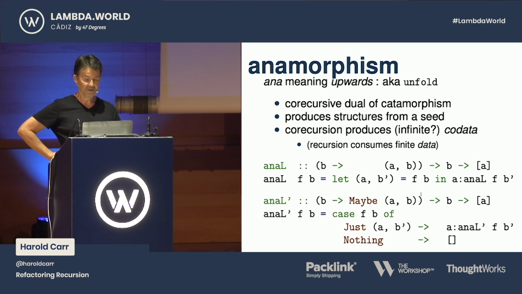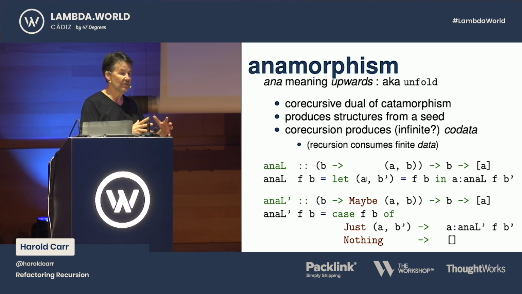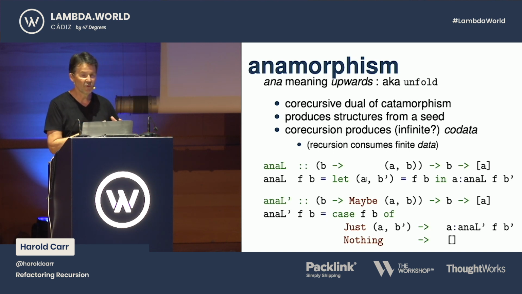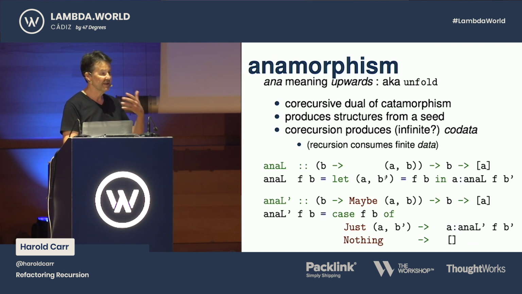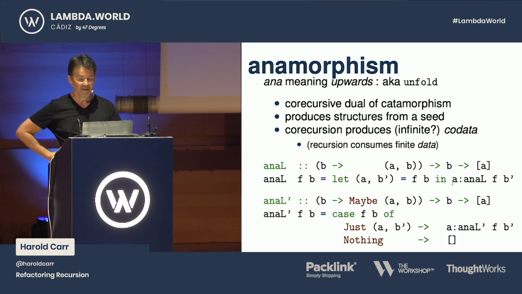How that works is you run the function on the seed value, and it returns whatever is going to be the value for that round of the anamorphism, and it returns a b prime, which is the seed for the next iteration. And so you just cons the a onto the recursive call.